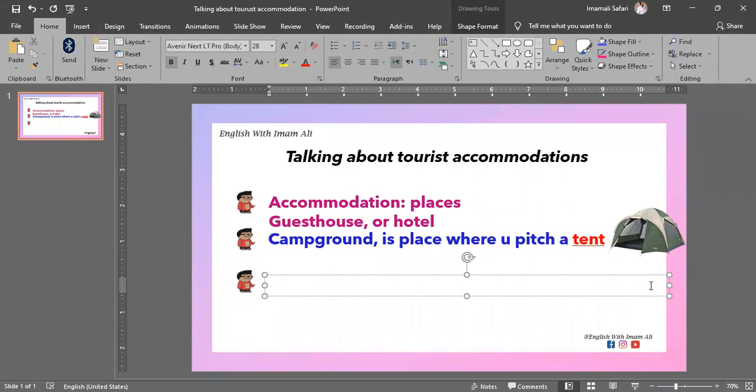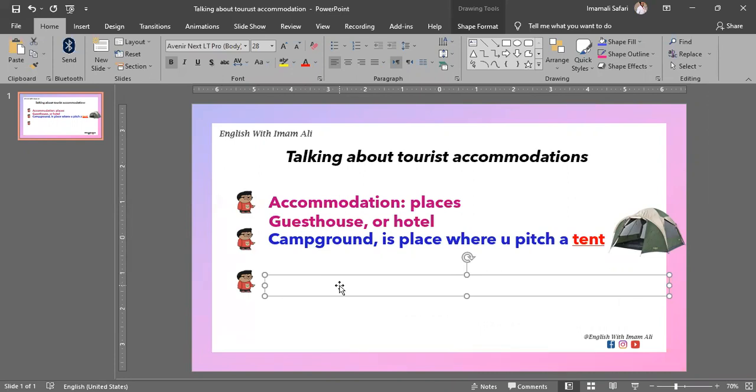Look, when you live in a camp, you have to prepare your breakfast, your lunch, everything by yourself. So what about a hotel? If you stay in a hotel, what will you have to eat?